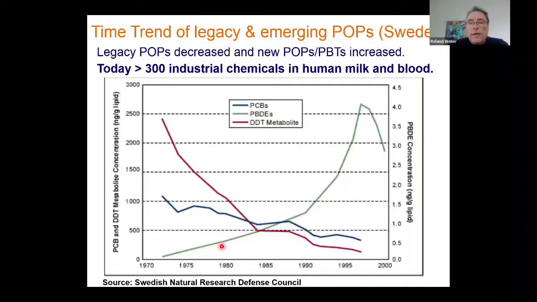The green one, the PBDEs, are increasing since the production started in the 1970s. Sweden already took action in the 1990s to reduce and prohibit the use, and so in this country you see already in the 1990s a decrease at the end.